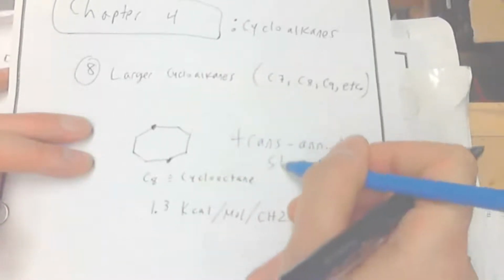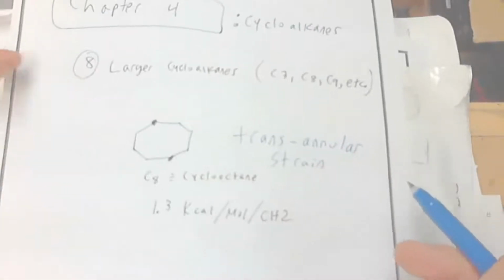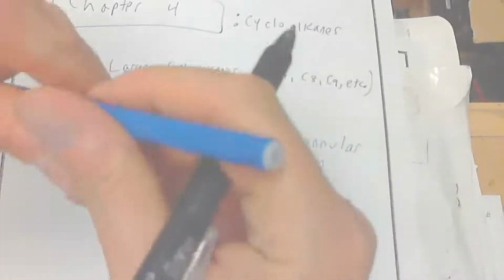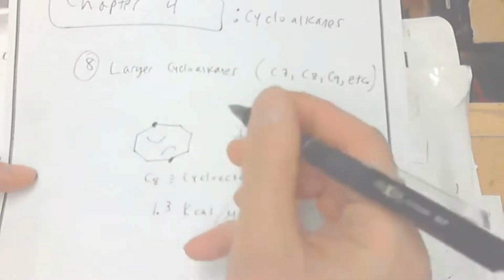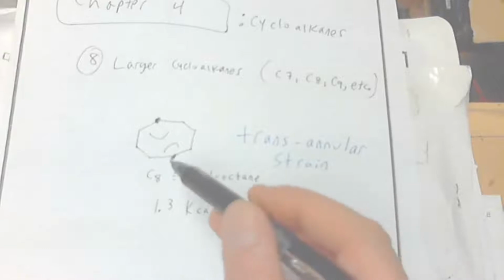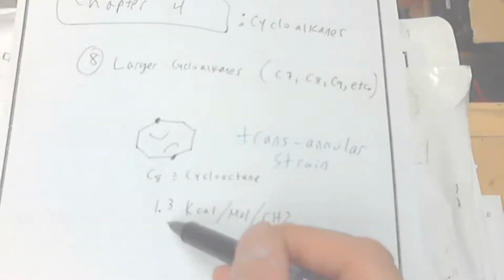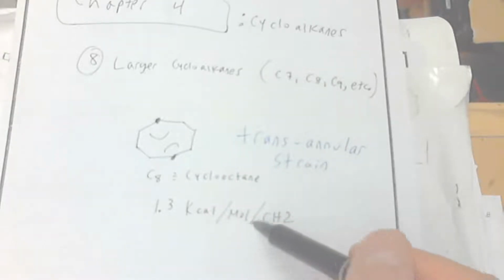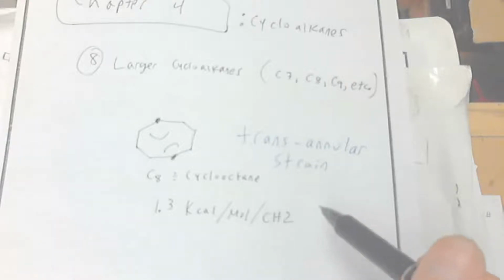Transannular strain, which basically means strain across the ring. So this CH2 and this CH2 are kind of bumping into each other, and it gives a little bit of unhappiness, and that's expressed in the 1.3 kilocalories per mole per CH2. All right, cool. That was it for number 8.